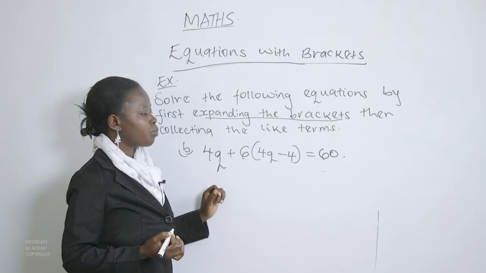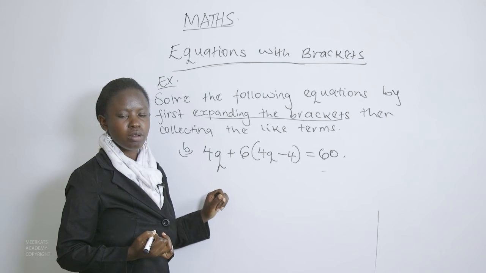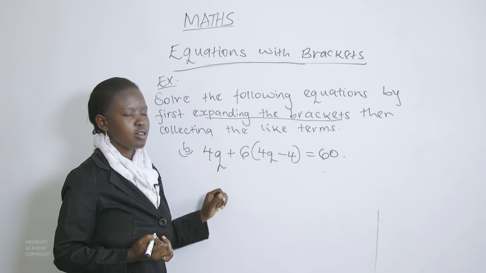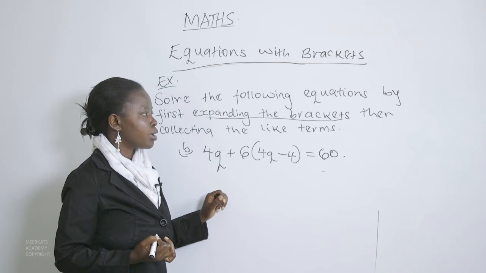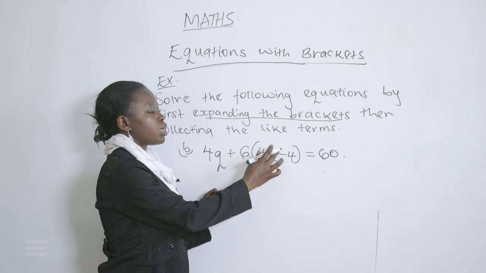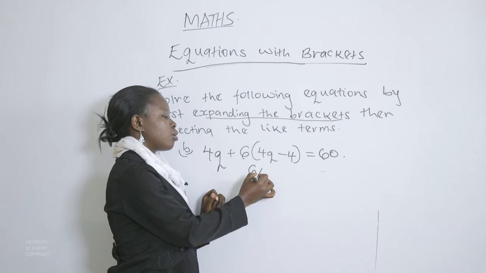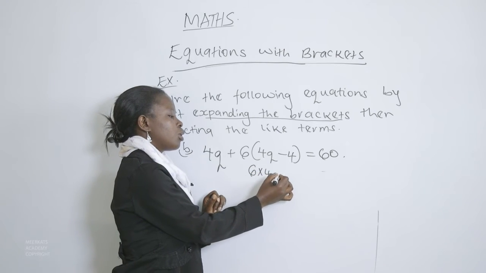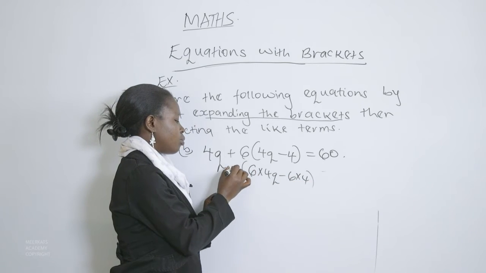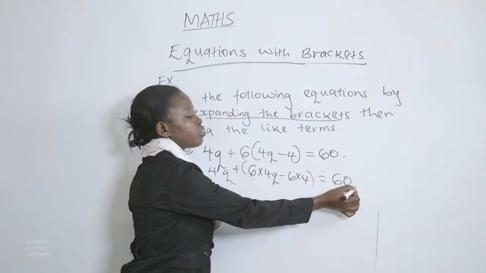So we have 4q plus 6 into 4q minus 4 is equal to 60. So we need to get the value of q by first expanding the brackets. Expanding the bracket, 6 into 4q minus 4, we are having 6 multiplied by 4q, then minus 6 times 4, then plus 4q will be equal to 60.